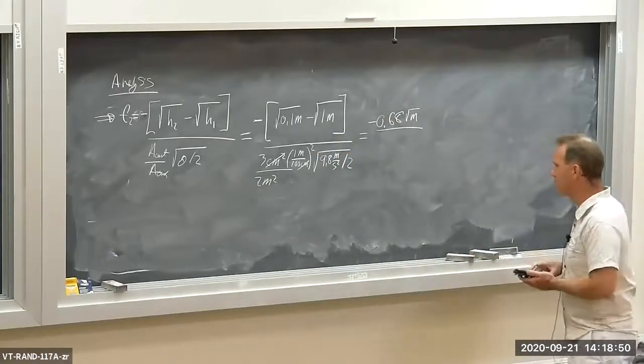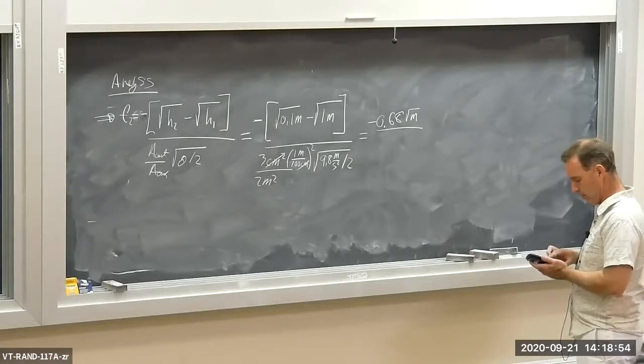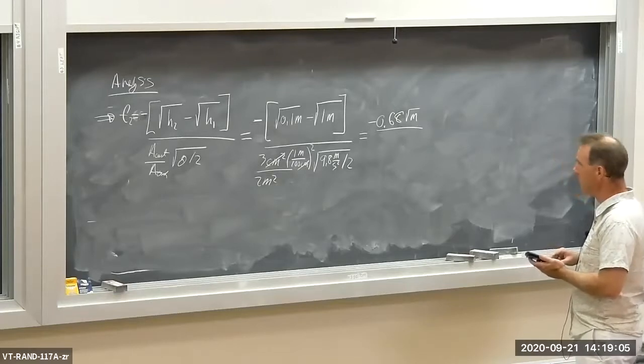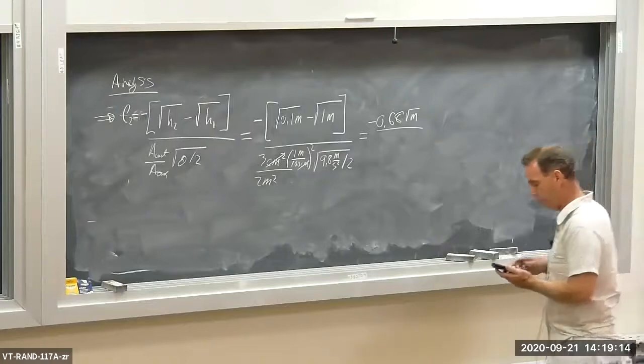And then let's do the denominator here. So 9.8 divided by 2 times 3 divided by 2 divided by 10 to the 4th.